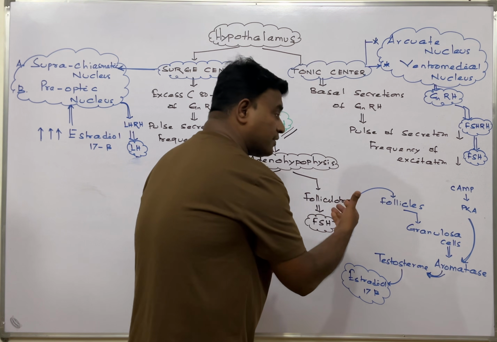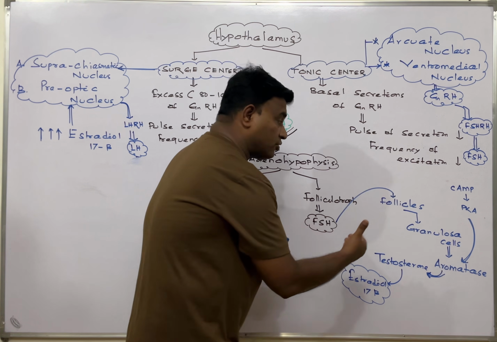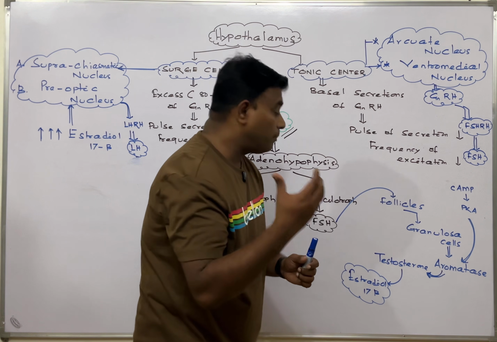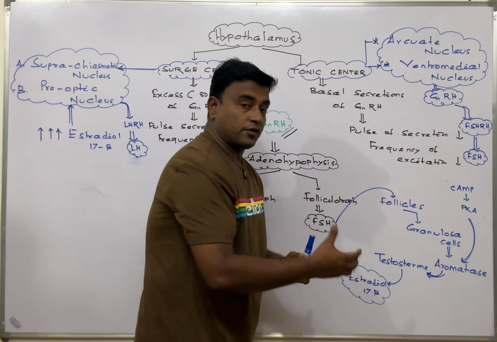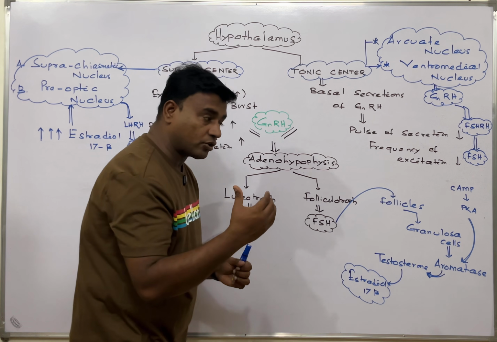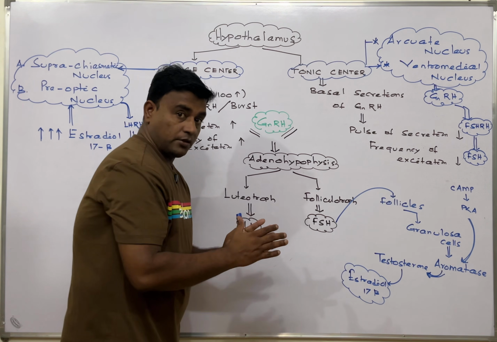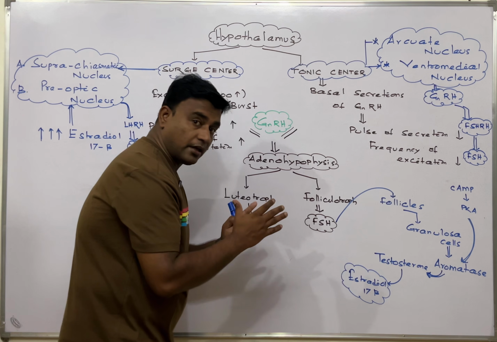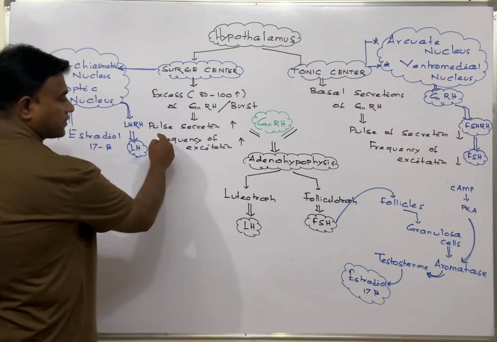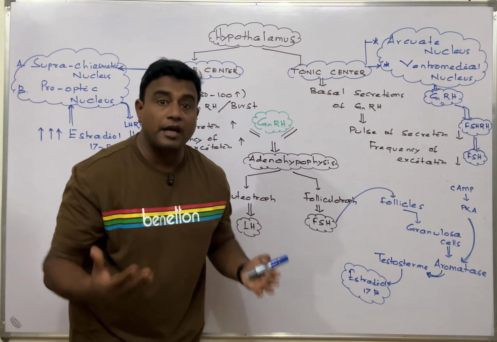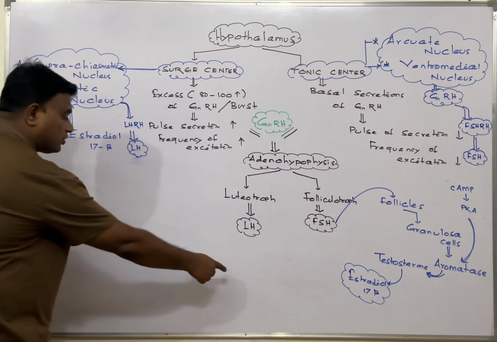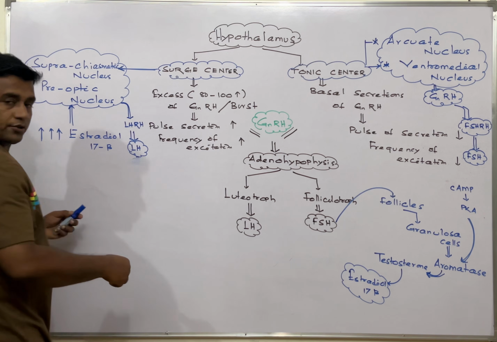Once the size increases, they gradually start secreting more and more estradiol 17 beta. The secretion of estradiol 17 beta up to the stage of selection is okay; that is not going to do anything. Rather, it will gradually start stimulating the Surge center, but it needs peaking, high levels, and that's known as the estrogen dependent LH surge.